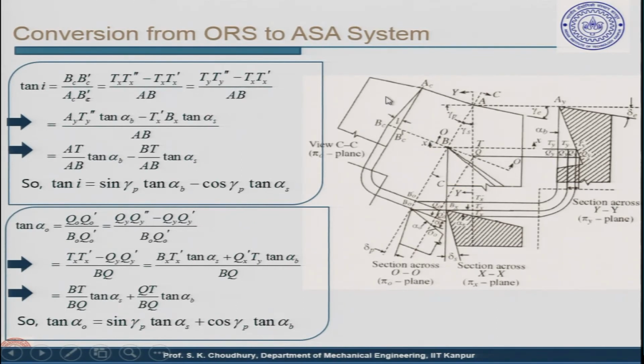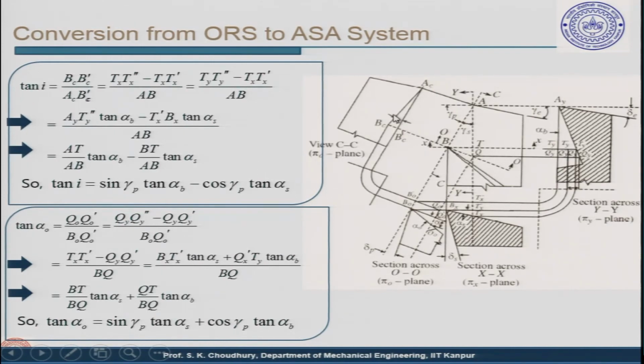So, now if we can project these points to the other views, then we can correlate the angles through simple geometry. Let us take an example.